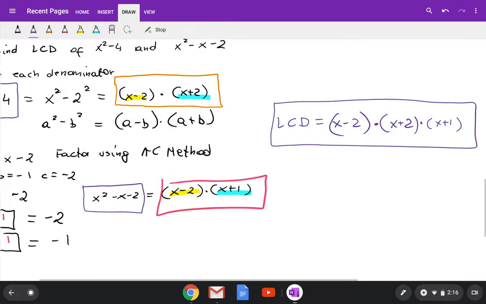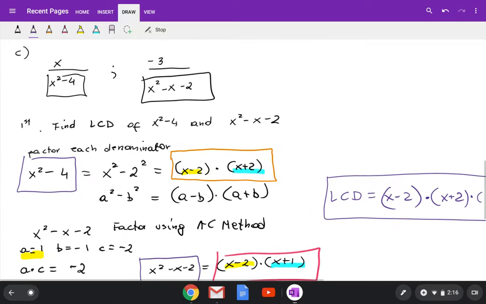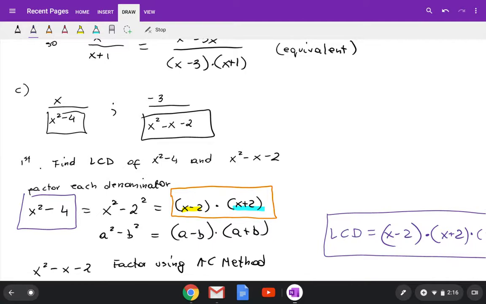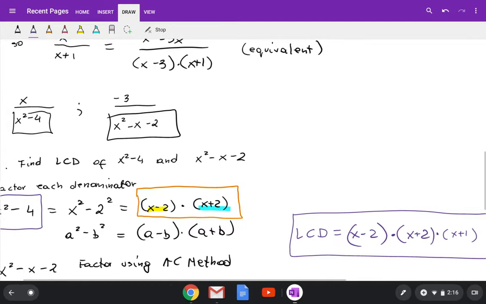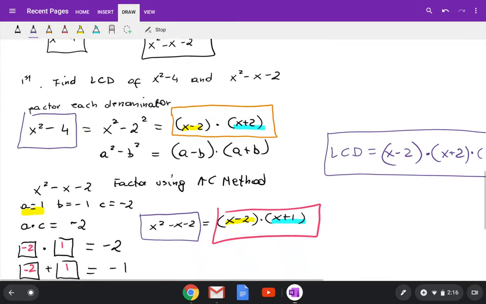We have it. Now let's go back to the problem. So we found the least common denominator. What else do they want you to do in these problems? They want you to rewrite each original fraction with the denominator from the LCD. Okay, so let's do that.